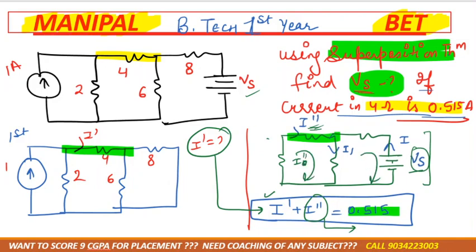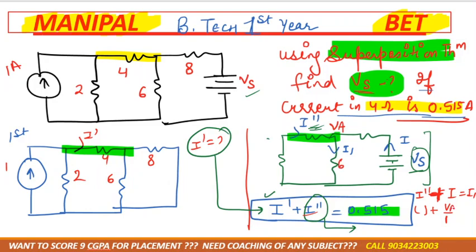And one is maybe I1 or I2, or maybe you can do it by nodal, that would be easier. Let me write down: I double dash plus I is equal to I1. Yes, now I double dash is already calculated. I is equal to V by R. Let us consider the VA node.